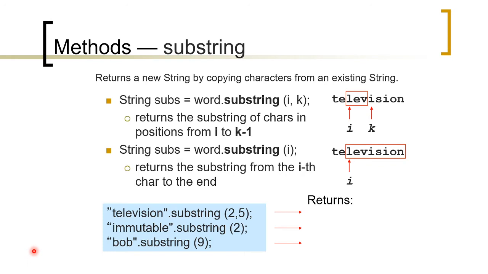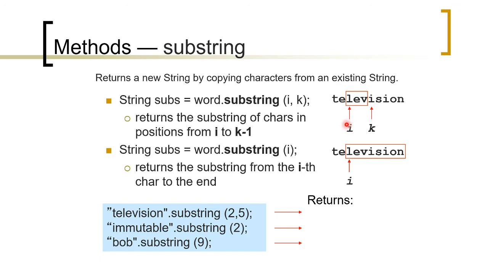Next will be the substring. This returns a new string by copying characters from an existing string. So string subs is equal to word dot substring(i, k). It returns the substring of characters in positions from i to k-1. So for example, television. We want to return LEV. So you just need to write i, which is 0, okay, 0, 1, and 2.